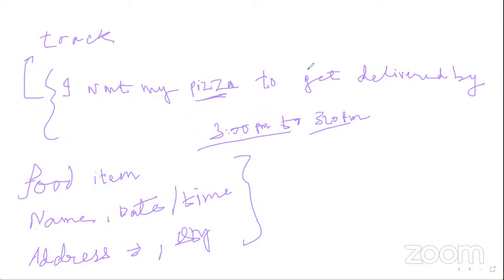Sometimes your entity may not be there. It could be a very simple statement, like I want to know my current status of delivery, where there is no entity available. No food item, no name, no date, no address, no quantity. So it can be a single intent as well, or it can have any set of entities attached to it.